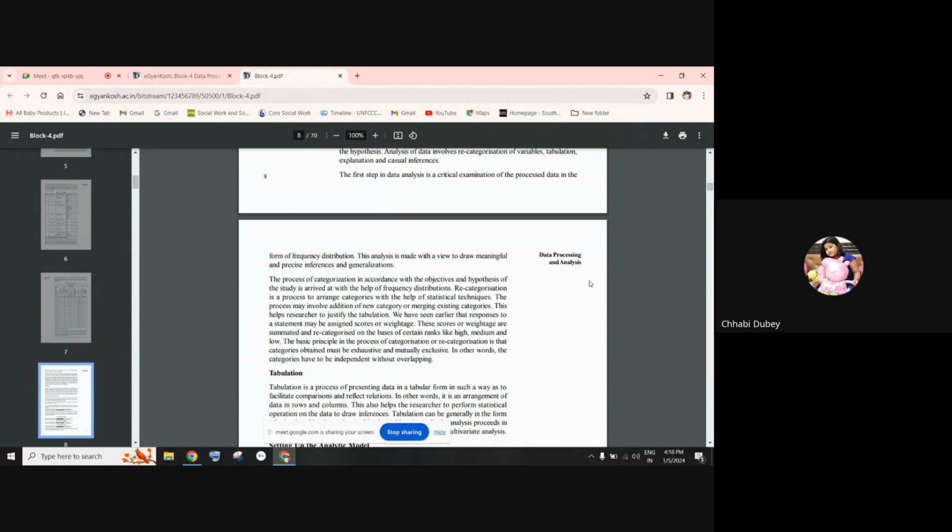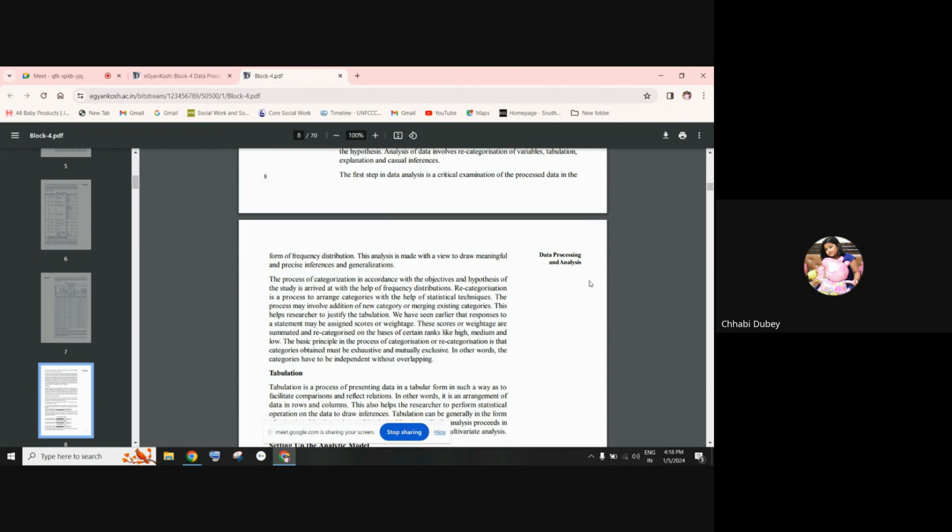So they have to be independent. Whatever categories we are looking at of the data, they have to be independent, and at the same time, they should not be overlapping with other categories of data.